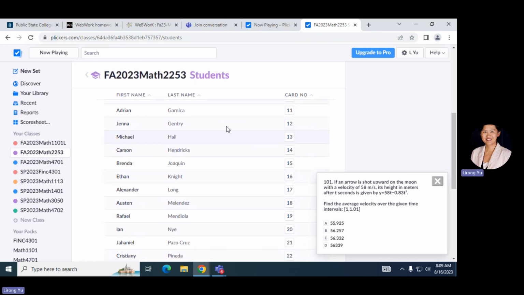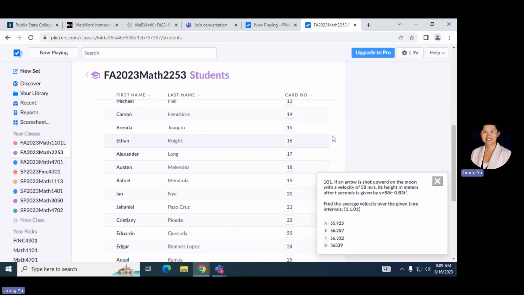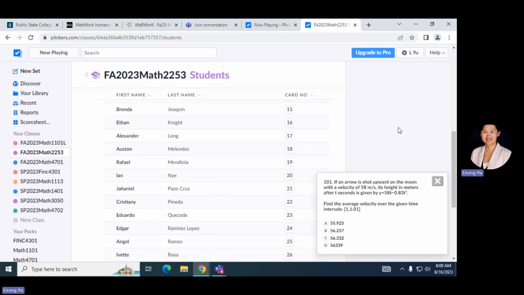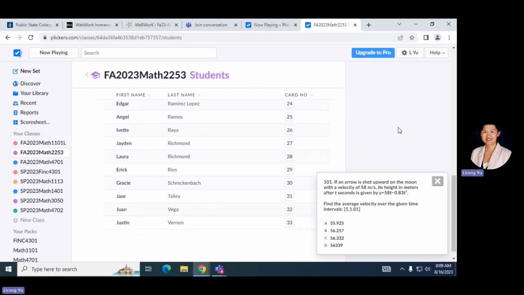It's in alphabetical order by last name.